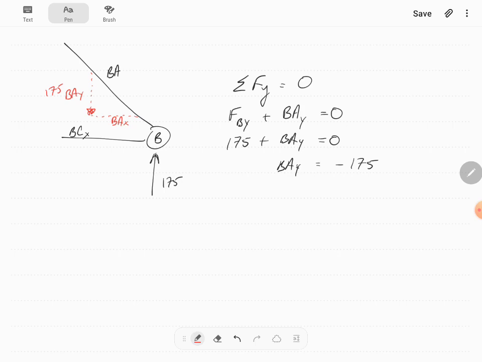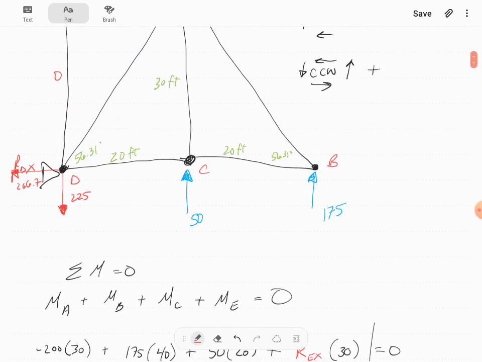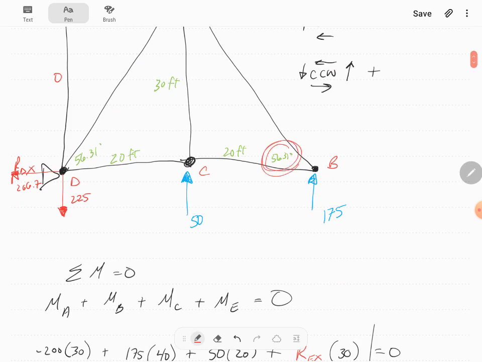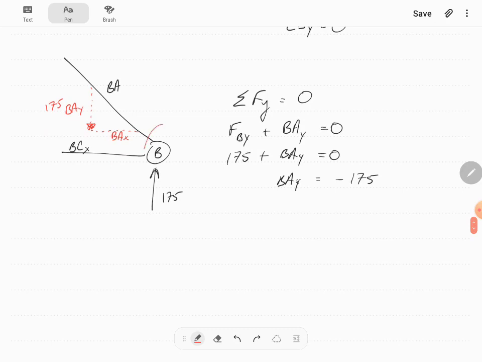So what? Now what do I do? Well, recall that all the way back here, we had this little piece of information right there that we haven't used yet. It's time to bring in sine, cosine, and tangent. I know that that angle is 56.31 degrees. Now, if that was this angle, it also happens to be that angle.